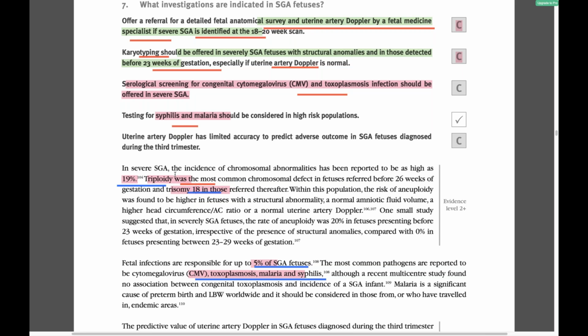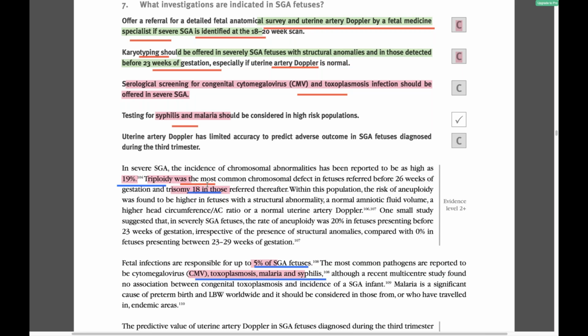And if SGA is before 26 weeks, what will be the commonest chromosomal defect? Triploidy. And if it is after 26 weeks, then trisomy 18. So this is an area full of questions.